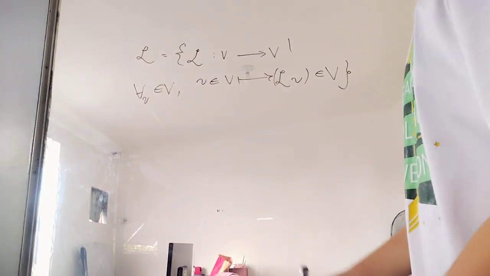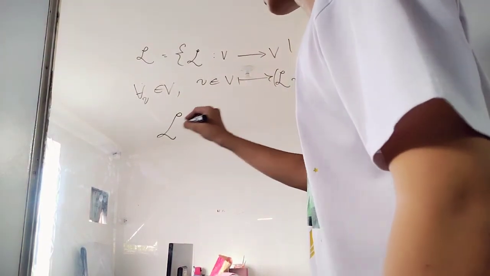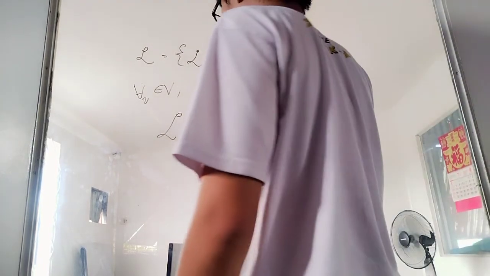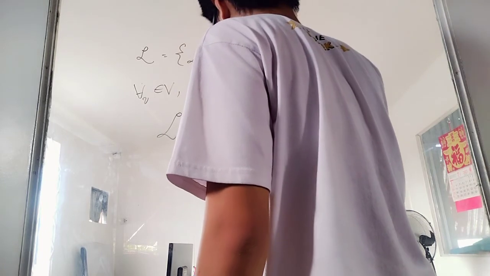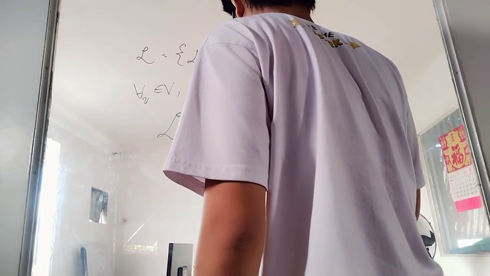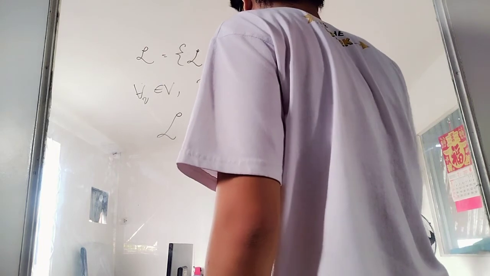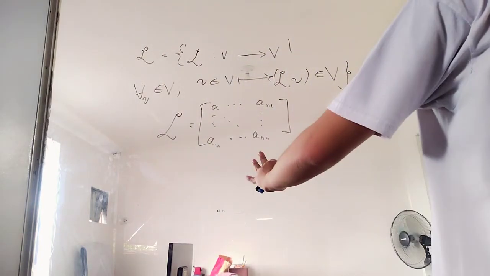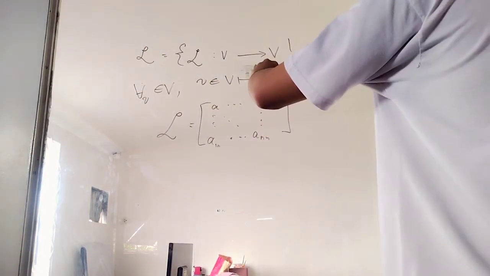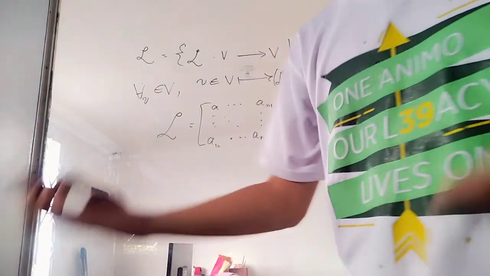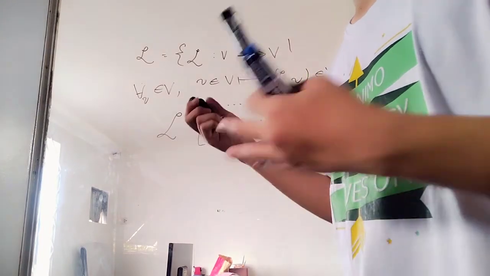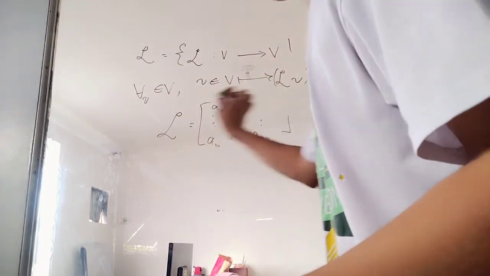And then L is defined as some n by n matrix, with entries a11 through a1n, down to an1 through ann. Wherein n here is the dimension of our vector space, or the rank of our vector space. And the rank of a vector space is just the dimension, the number of components we need to describe a vector inside it.